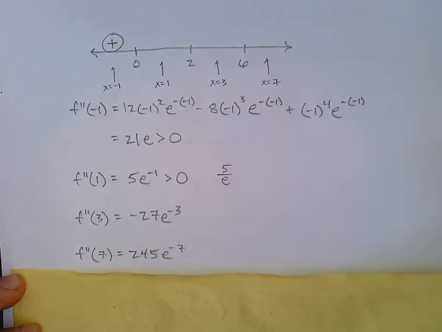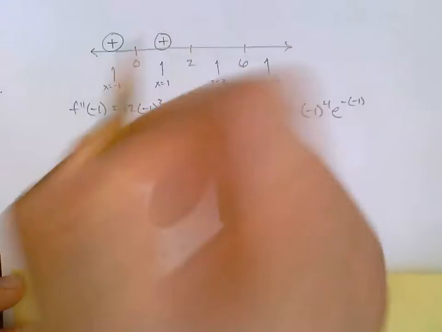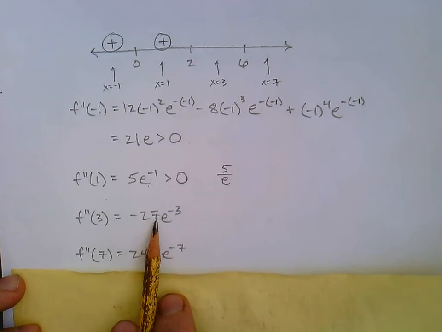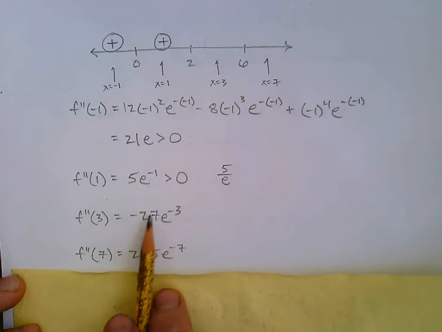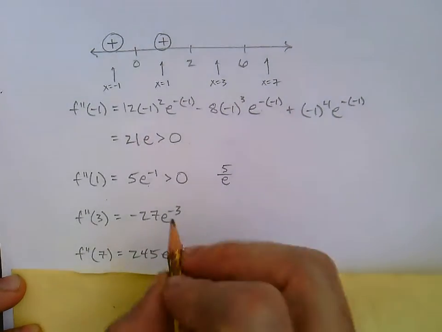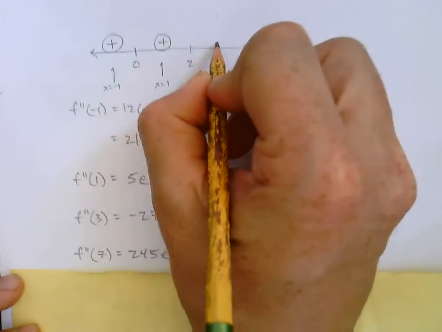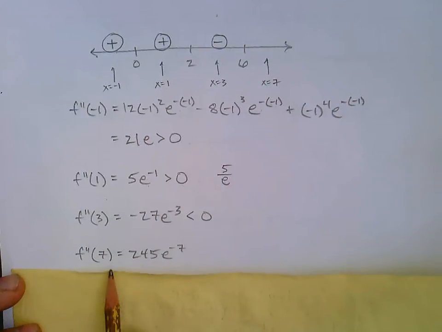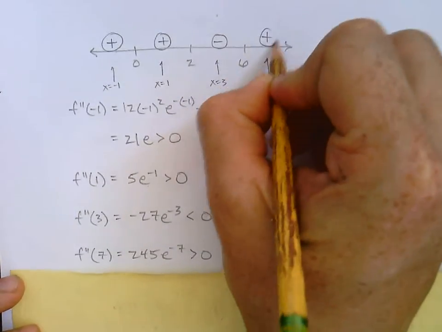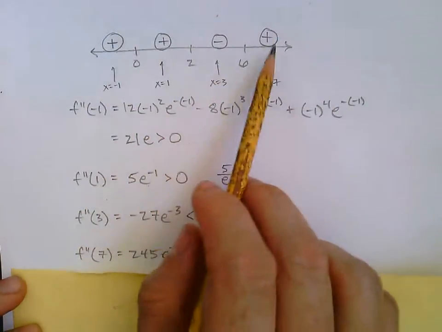That's a positive number. The 3 gives a negative, -27 e to the -3rd. That right there makes it, this is positive here, but of course that's negative. So that's less than 0, negative sign. And then for the 7, we go back to positive. And look at that. Positive, positive, negative, positive.